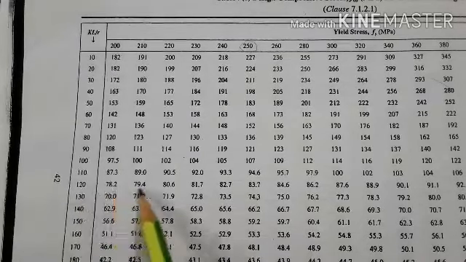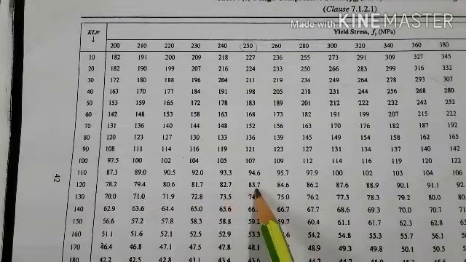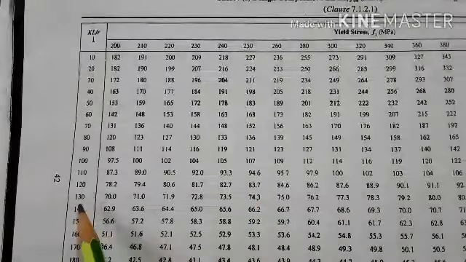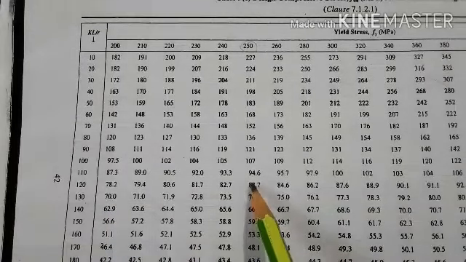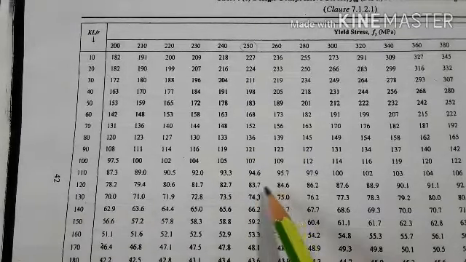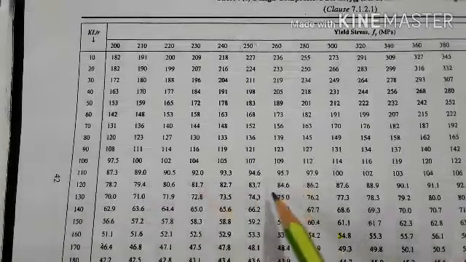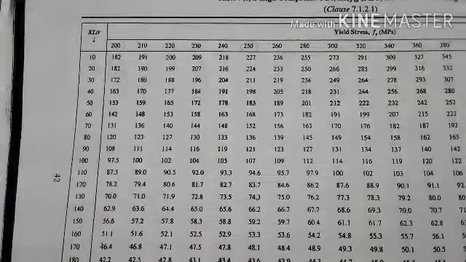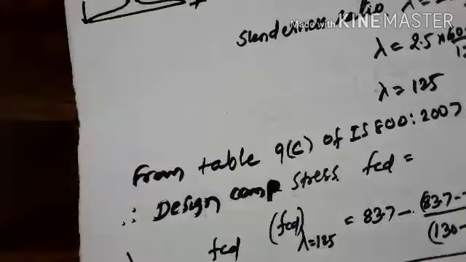For 120 and 250 it is 83.7, and for 130 it is 74.3. It is lying in between, so you have to interpolate to get the compressive stress for lambda equal to 125.